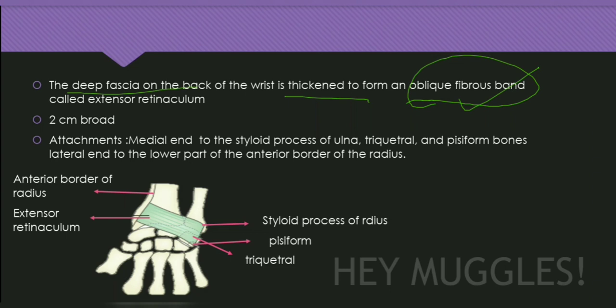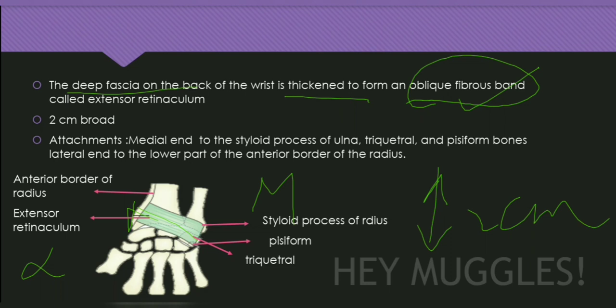It is 2 centimeters broad vertically and it is directed downwards and laterally. This is your lateral aspect and this is your medial aspect, and here you can see that it is directed downwards and laterally.